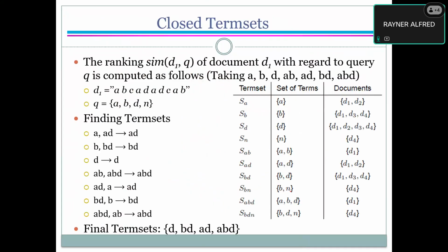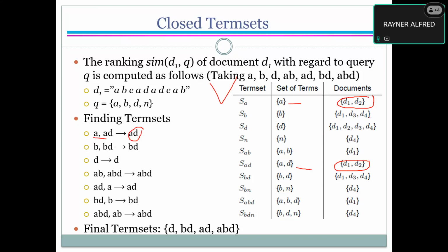If you look at the same formula that we have, for finding term sets, normally we start from here, so it's better to have this table. If you look at this one, this is similar to this, right? So we take A and AD, and we only take the biggest one.